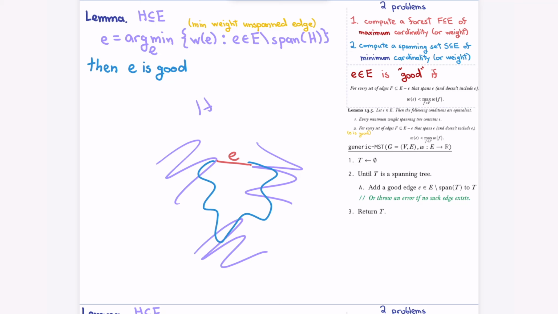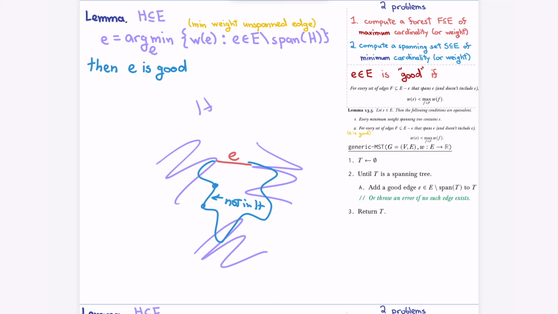Right, so blue is some other set of edges that does span E. I want to argue there's at least one blue edge that's bigger. There must be at least one of these edges that aren't in H. Otherwise, H would span E. So that edge that's not in H, and also is not spanned by H, right?